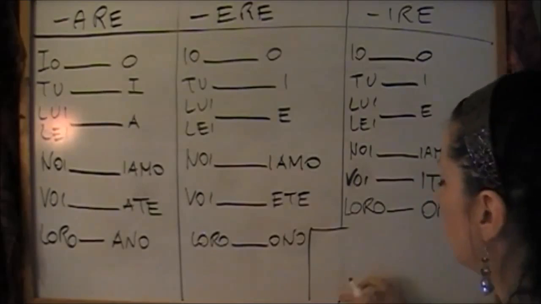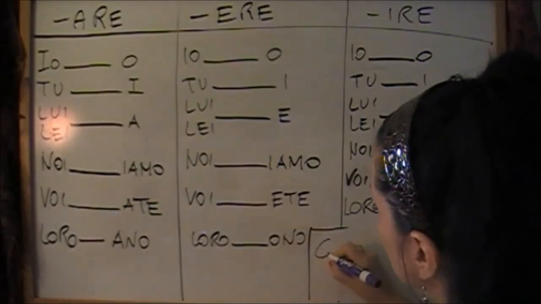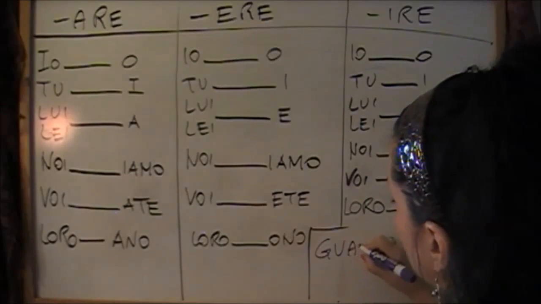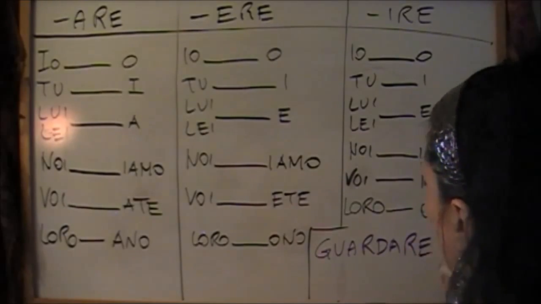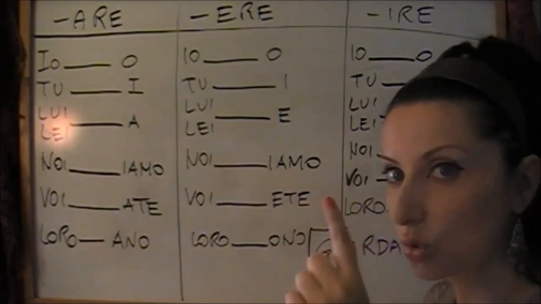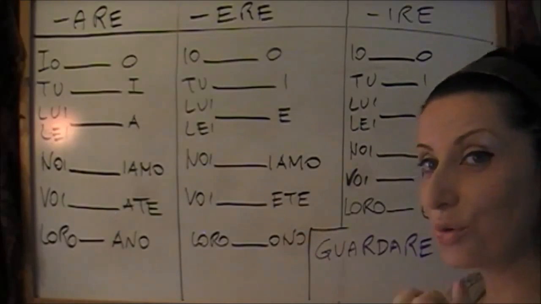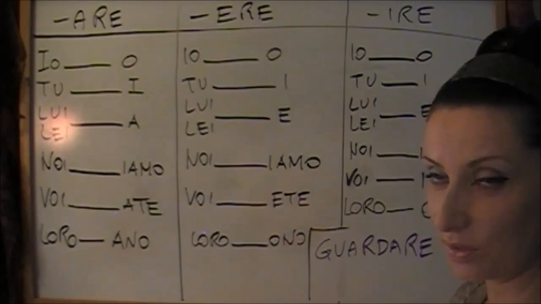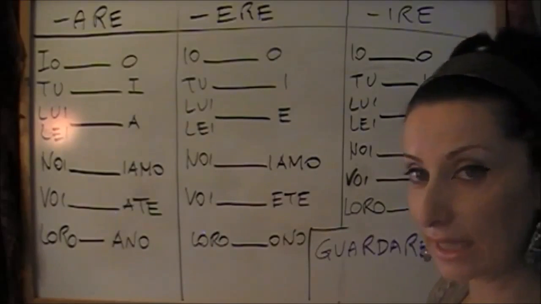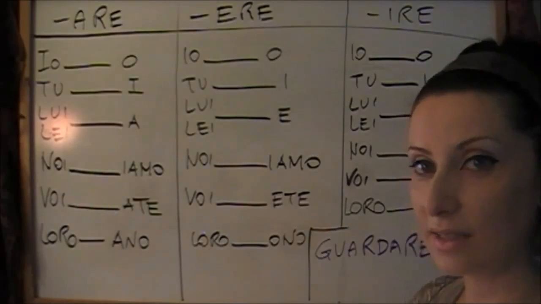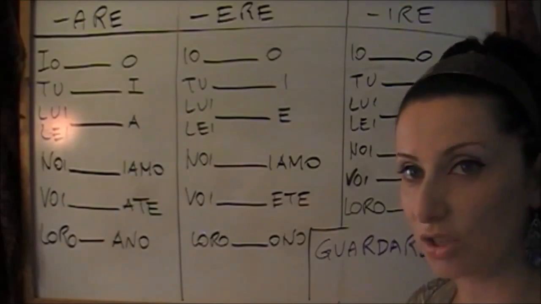So for example, let's use the verb guardare. Guardare in Italian means to watch. I show you vedere, that means to see. So maybe you ask, what is the difference between guardare and vedere? It's the same difference that there is in English between to watch and to see.